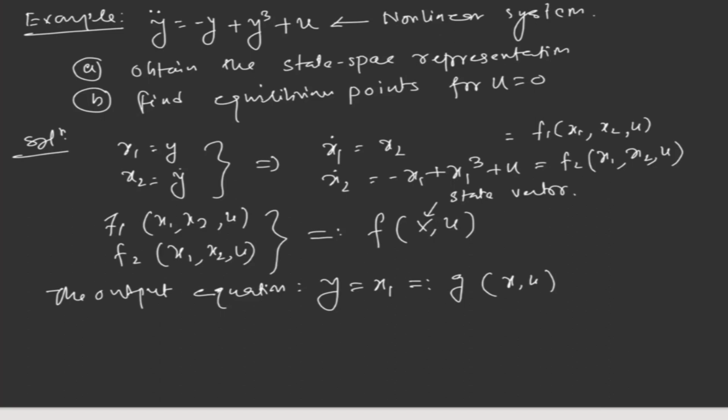Now we'll find the equilibrium point for the system. To find the equilibrium point, we need to assume f(x, u) equal to 0, because this function will satisfy at the equilibrium point, and also we have to assume u equal to 0.